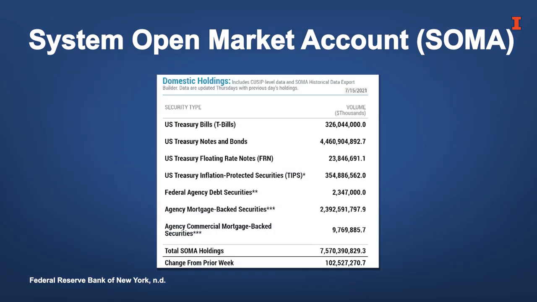Here's a snapshot of the system's open market account portfolio from July 19, 2021. These were the domestic security holdings of the Federal Reserve System at this point in time. All of the securities are US government debt or debt guaranteed by the US government. The portfolio increased by about 100 billion relative to the prior week.